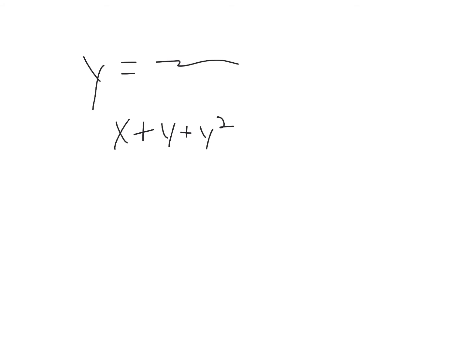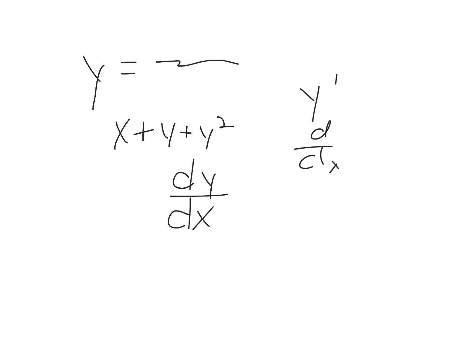I know I've been saying there are many symbols for a derivative, but what we are going to use to implicitly differentiate is dy over dx. So make a note of that.